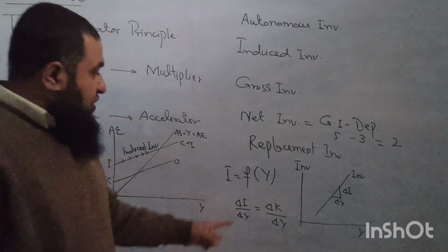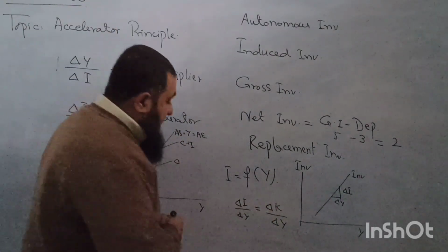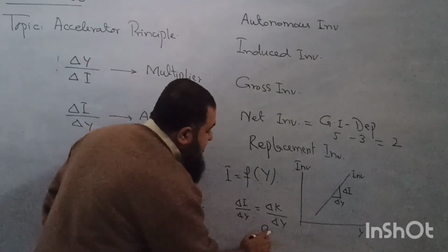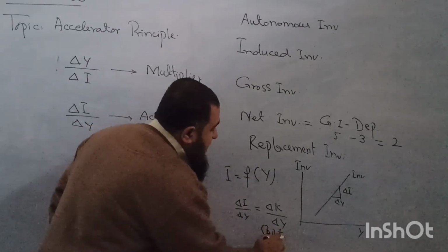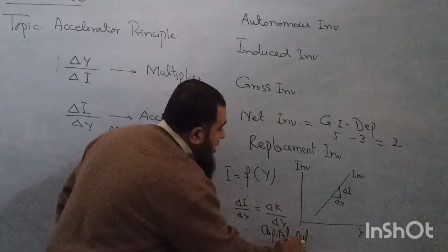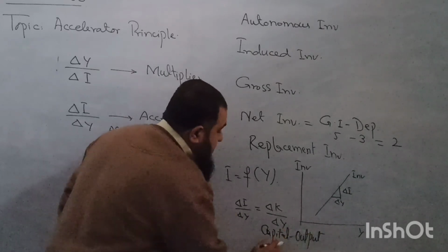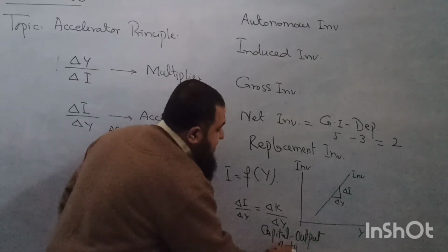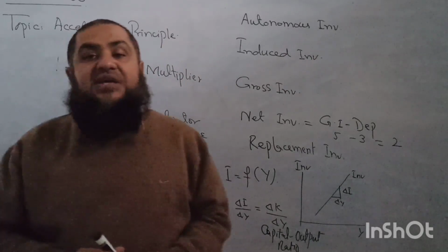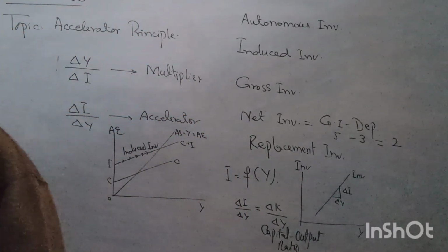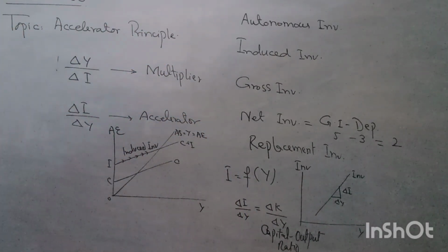Clear? So this ratio is called what? Capital output ratio. If this is increasing, we say the accelerator principle is working or is set in the economy.